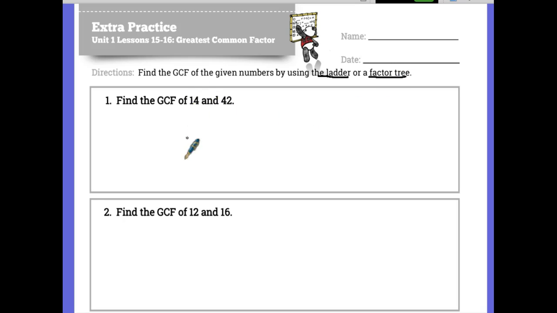For the first 2, I'm going to use the ladder method. For the next 2 examples, 3 and 4, I'll use a factor tree and I'll go back and forth. If you truly, truly love a factor tree and you want to use that, even though I'm using the ladder method, you may do so. Okay? So get ready and we're going to begin.